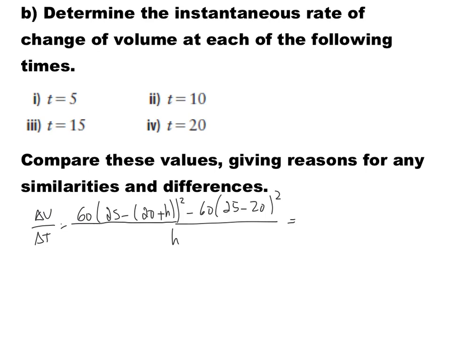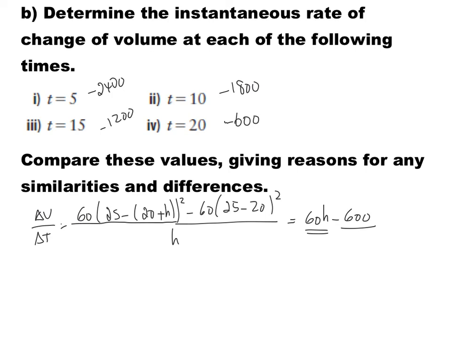If we simplify this one, we get 60h minus 600. Again, let h go to 0, then this term is going to be 0, so you get negative 600 liters per minute.